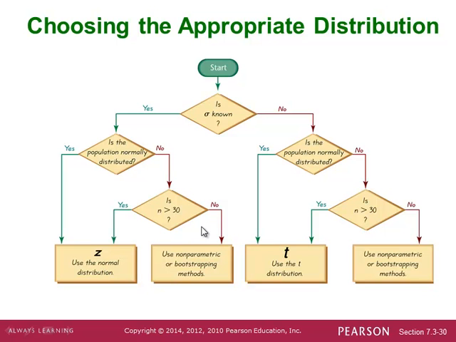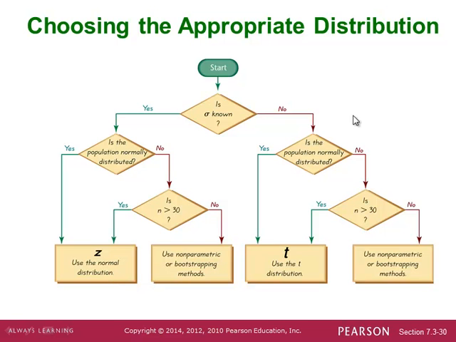If the sample size is less than 30, then you have to use some other methods, non-parametric or bootstrapping methods, which, if this were a longer course, you would get to see. But because the examples that you're going to do have a sample size greater than 30, you'll use the normal distribution, Z, calculation for the margin of error.